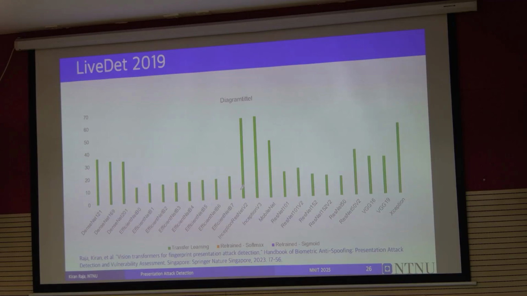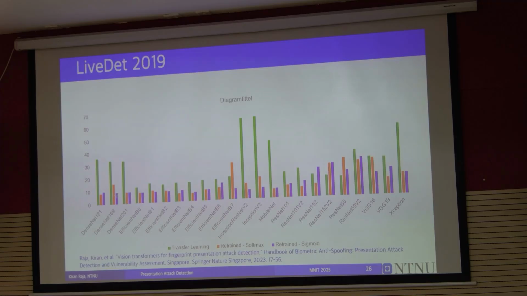And then if you do the retraining using softmax, that reduces the error significantly, and the biggest gain can be seen here, right? Two of the bar charts here have dropped very significantly to close to 10. And then if you do it with another activation function, you can again see that the error rates come down quite significantly, right?